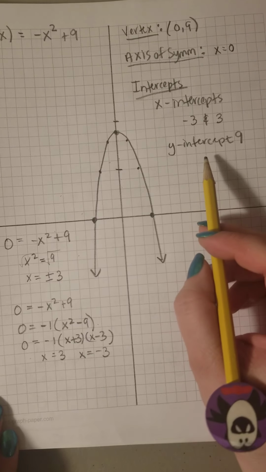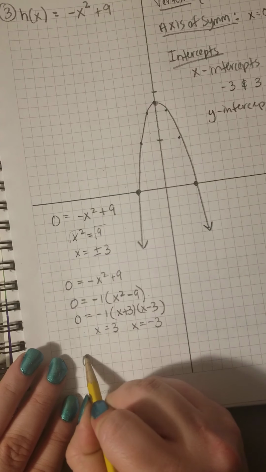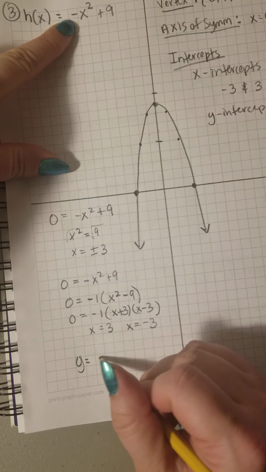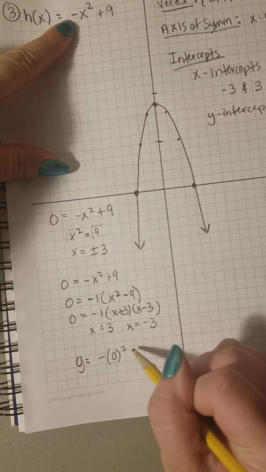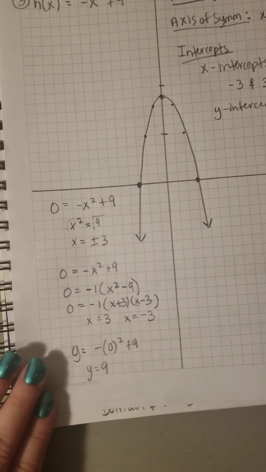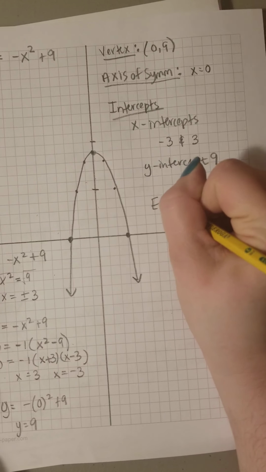And then for the y-intercept, remember I set x equal to 0. So I would have y equals -0 squared plus 9, or 0 plus 9, which is 9. Last thing here is end behavior.